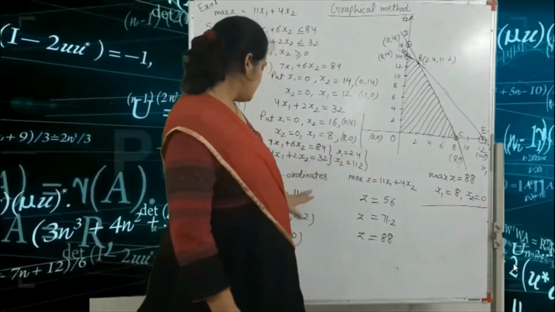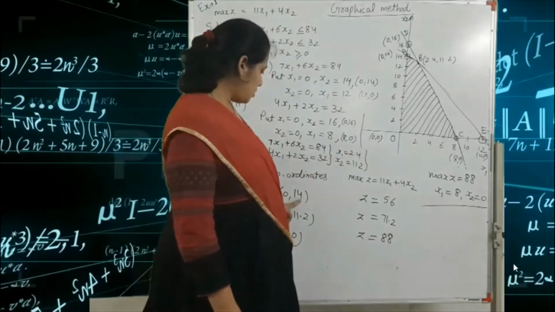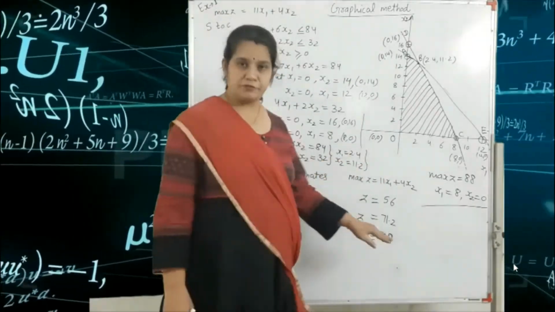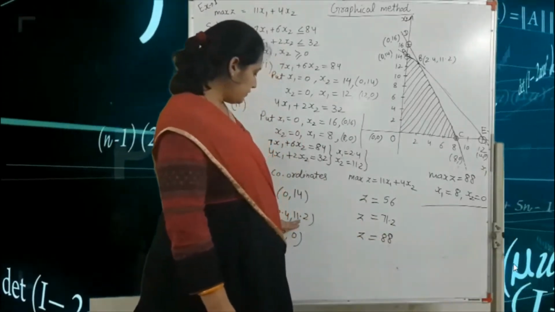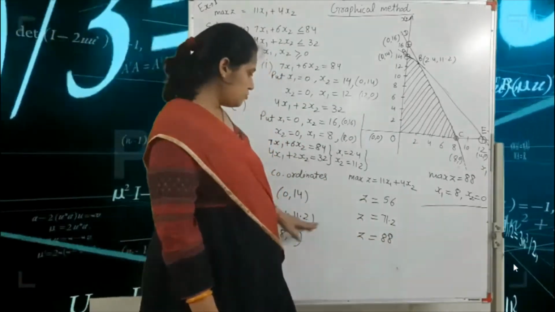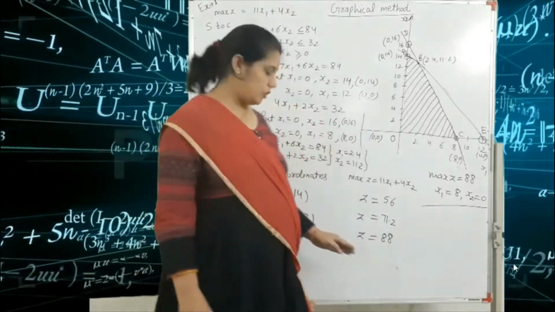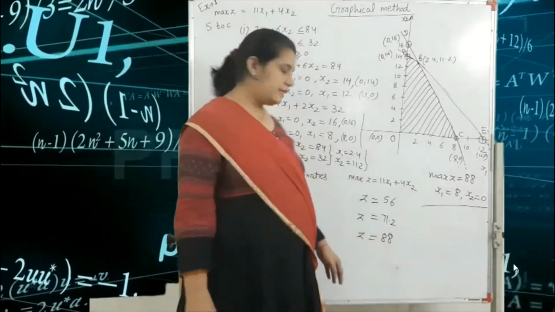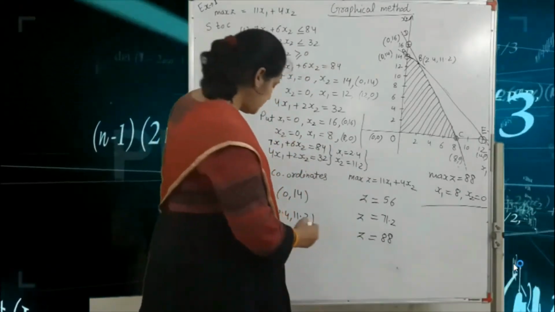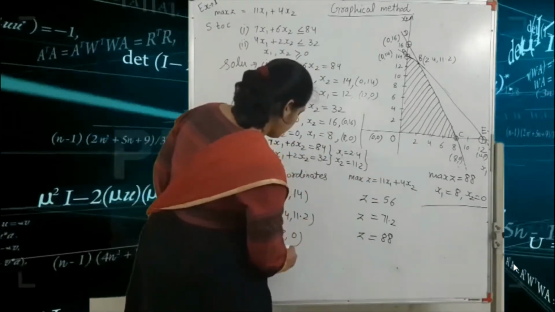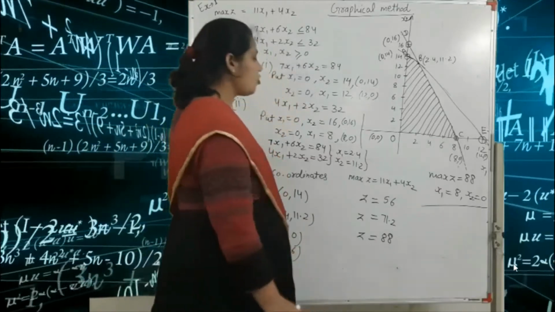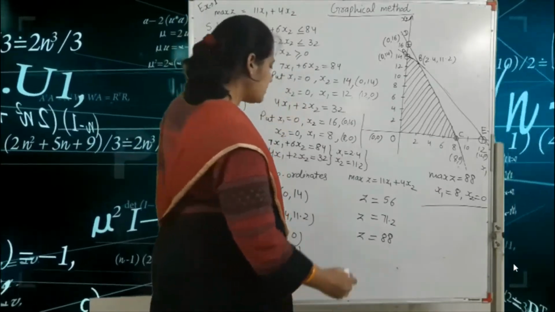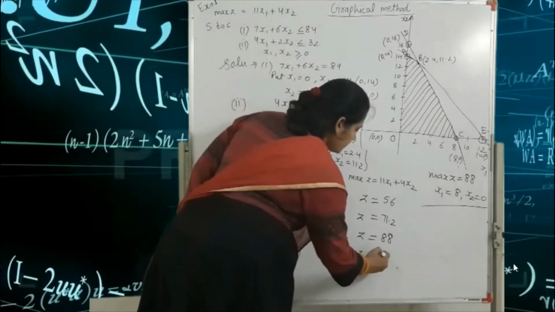So here the points are 0, 14, that means z is equal to 56. Point 2.4, 11.2, so z is equal to 71.2, and point 8, 0, so z is equal to 88. In case we write the D point 0, 16, for example, then z is equal to 64.